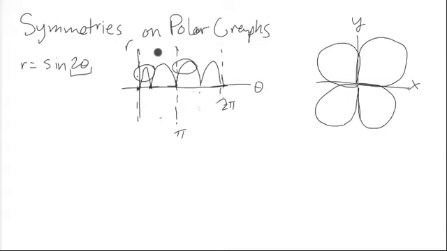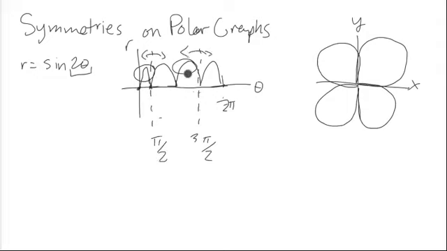Okay, now let's take a look at another symmetry. What about if we look at 3 pi halves and pi halves? Notice that the graph here, the corrected graph here, is symmetric about these.